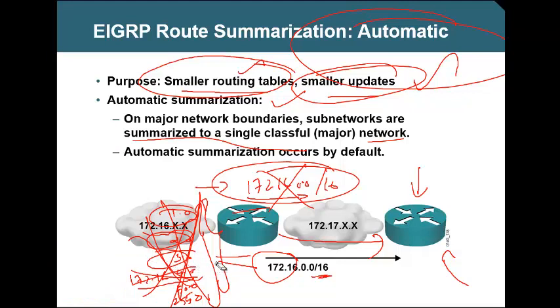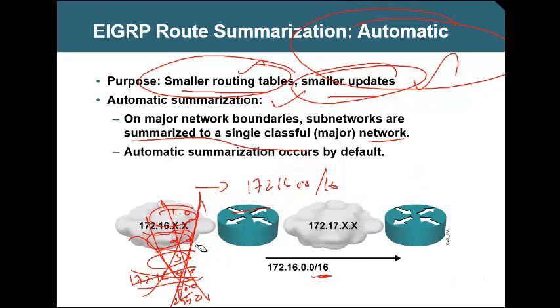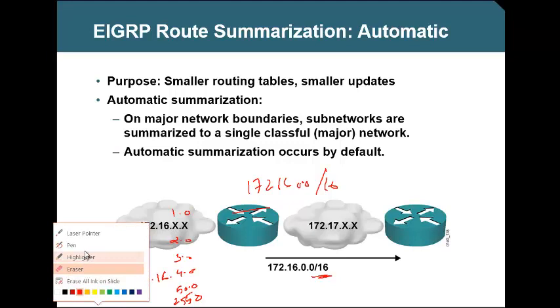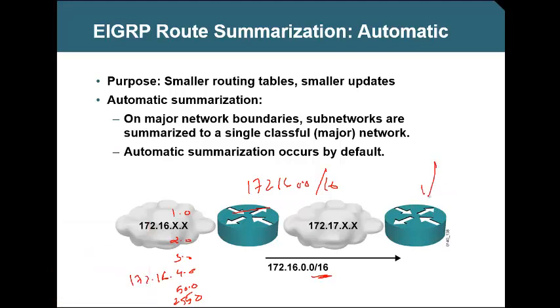Now you may say that the neighbor router may need that information. See, if the neighbor router needs that subnet information, then we should not summarize. In most cases, we will see that there won't be a need for us to send every small update. They're not frequent talkers. This router may not be interested in knowing about this one small network going down.